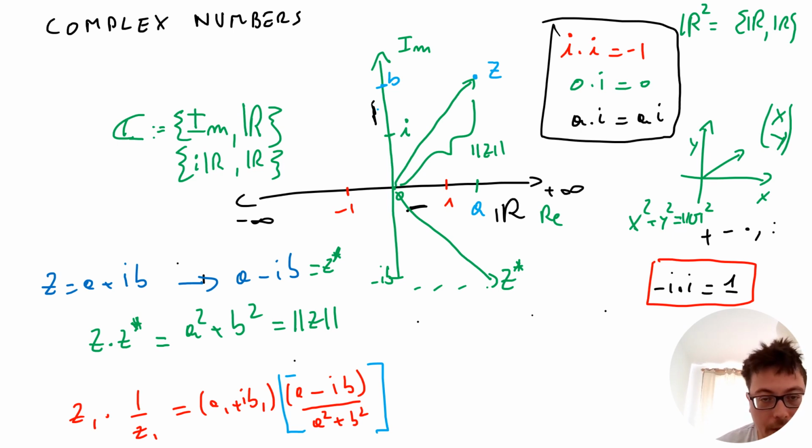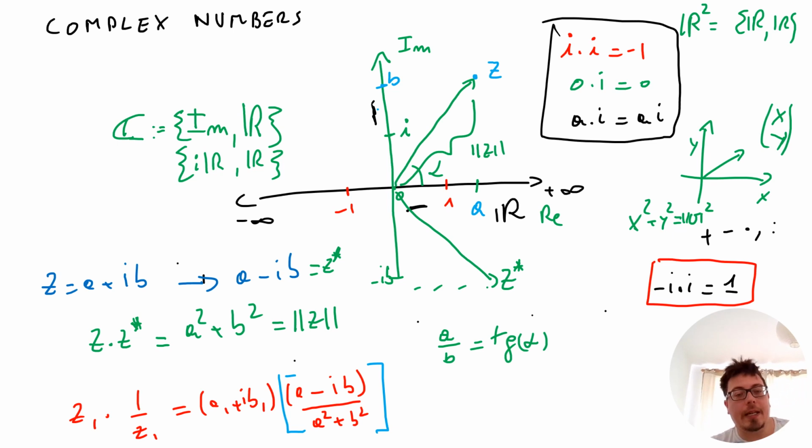It doesn't give you the angle, which is of course cosine over sine equals tan of alpha, but basically it gives you the length.